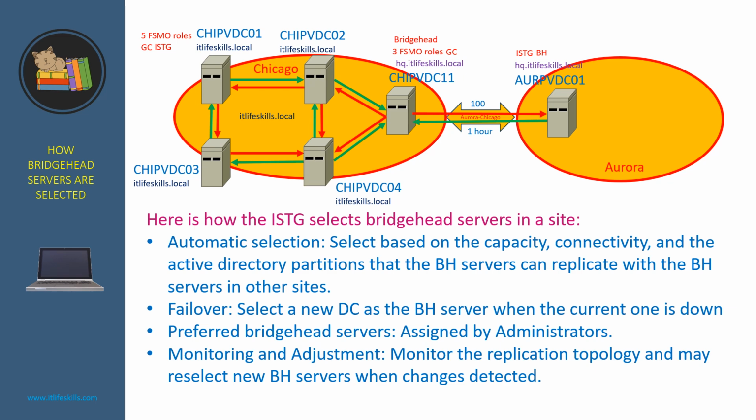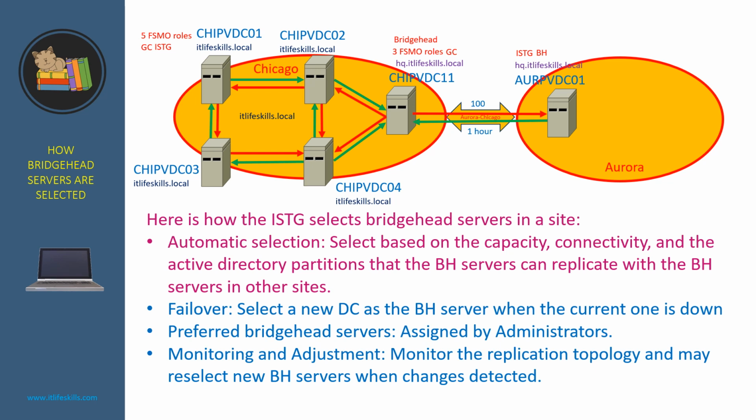Here is how the ISTG selects bridgehead servers in a site. The KCC on the ISTG automatically selects one or more domain controllers within a site to act as bridgehead servers.